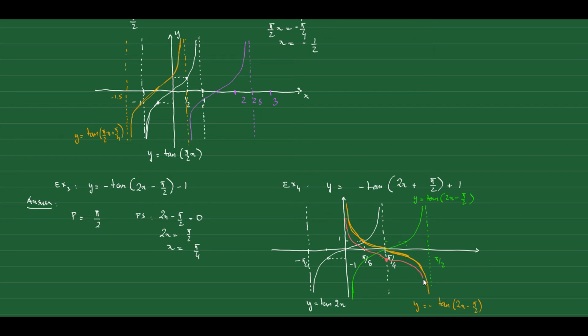It's kind of very hard for me to grab. Hopefully you guys can see it. So the new one right here, the pink one, will be the function y equal to negative tangent of 2x minus pi over 2, minus 1. And now example number 4, go ahead and do it for yourself.